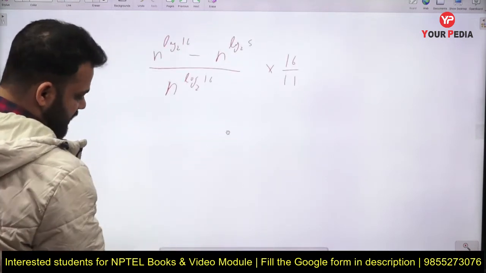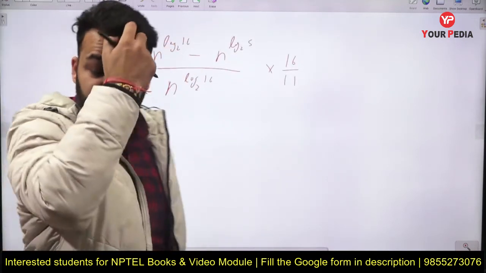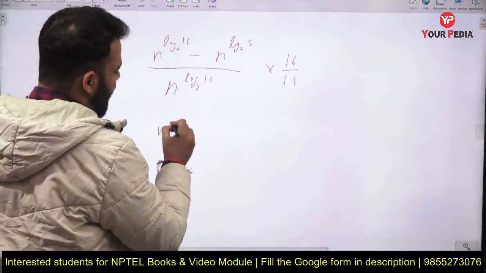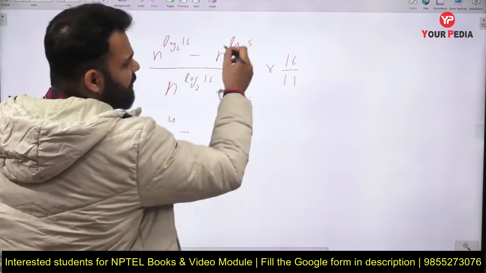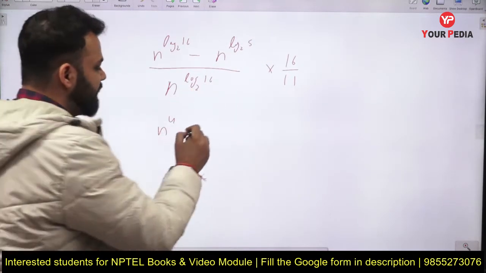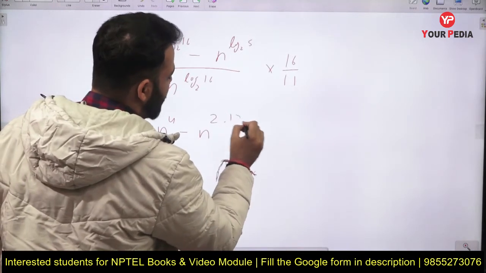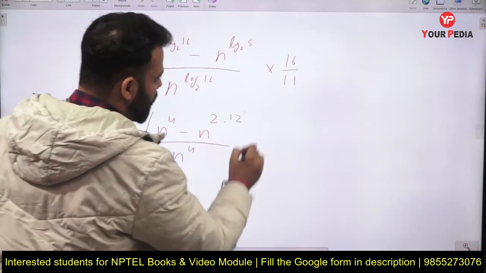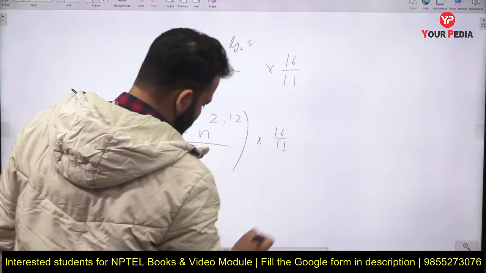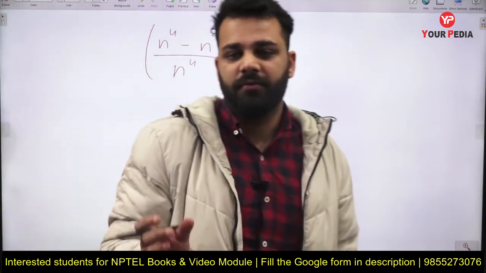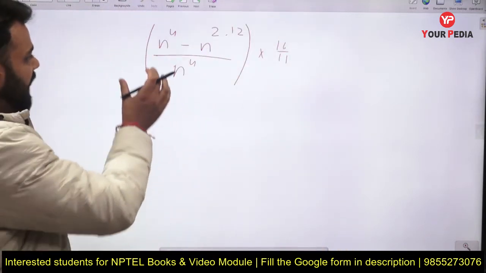Now what is n raised to power log base 2 of 16? Log base 2 of 16 is 4, so it is n raised to power 4 minus n raised to power log base 2 of 5, which will come out to be around 2.32, divided by n raised to power 4 into 16 by 11. Now when you are counting asymptotically, we are not going for the exact values.